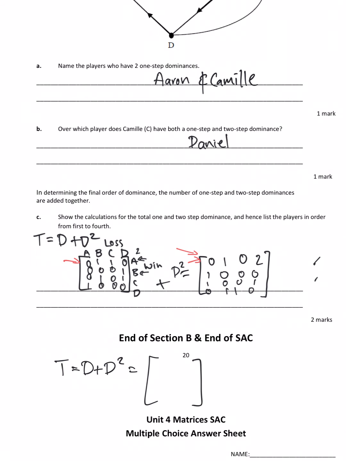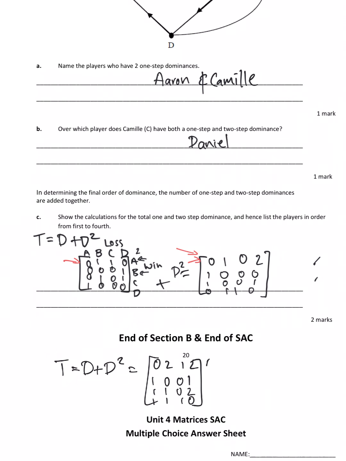I really should do this one step at a time, so I'll just do dominance plus D squared. What that gives you is this matrix: 0, 2, 1, 2, 1, 0, 0, 1, 1, 0, 2, 1, 1, 1, 0.